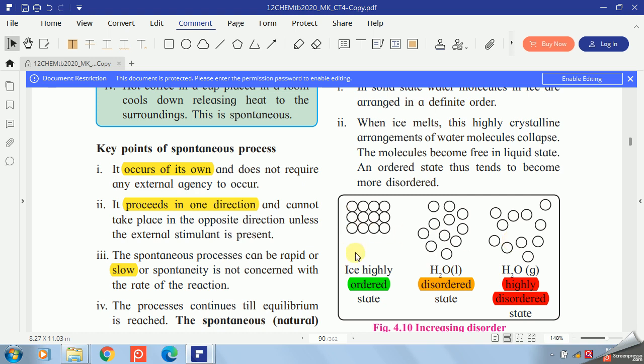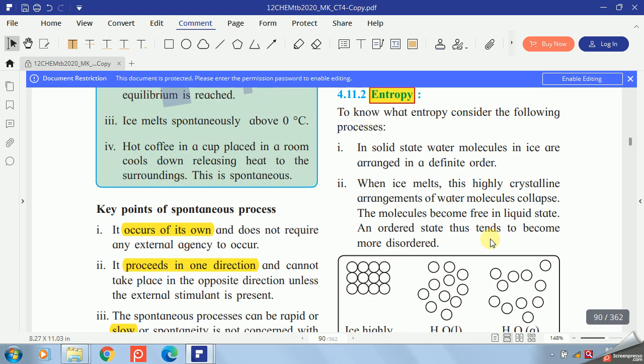From ice to water and water to water vapors, disorderliness increases, and this concept of increasing disorder is called entropy. The more the disorder, the more the entropy.